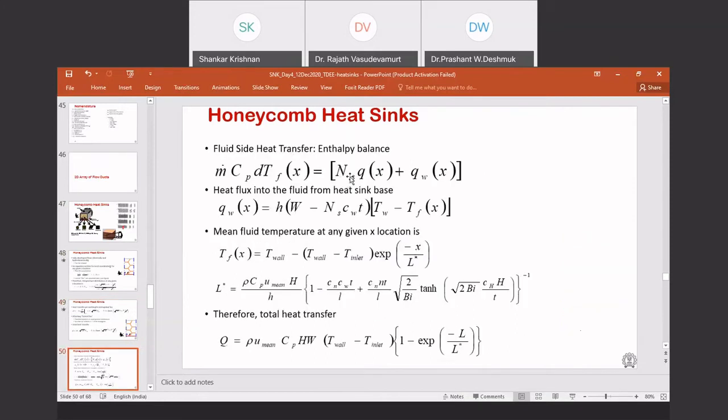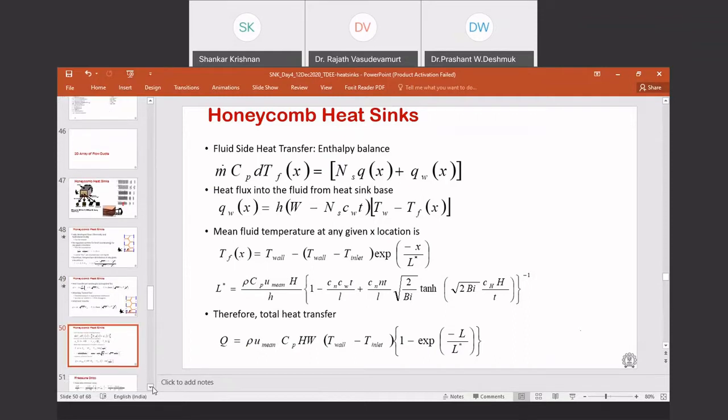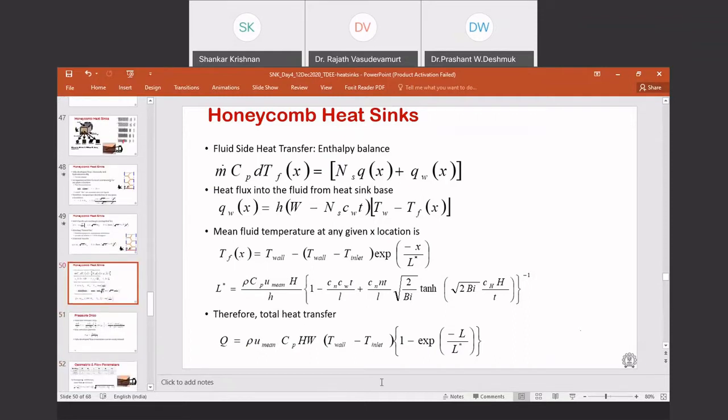Ns is the number of unit cells times Q, that is the number of fins, plus the heat transfer directly from the bottom wall. From that, we can obtain the expression for wall flux, and you can define a heat transfer coefficient, and then you can get the total heat transfer rate finally for this arrangement. So that is the final expression that one looks for.